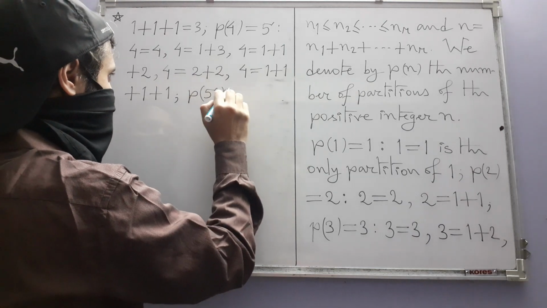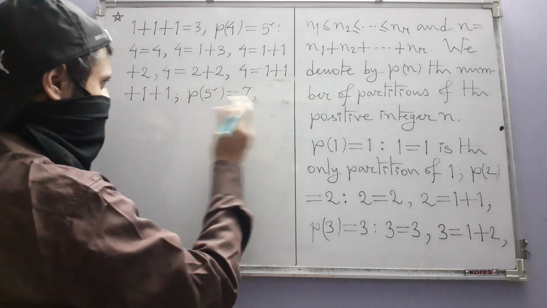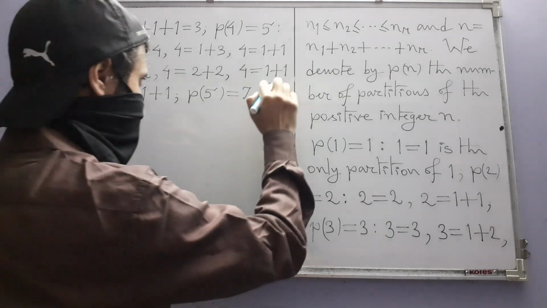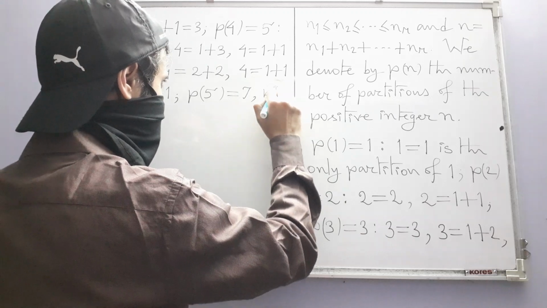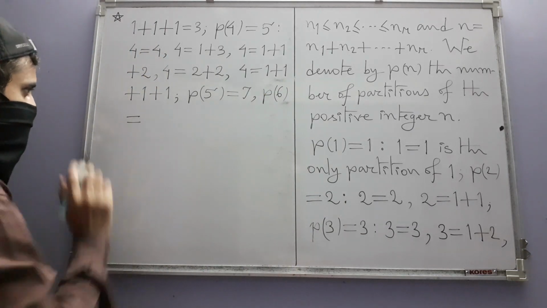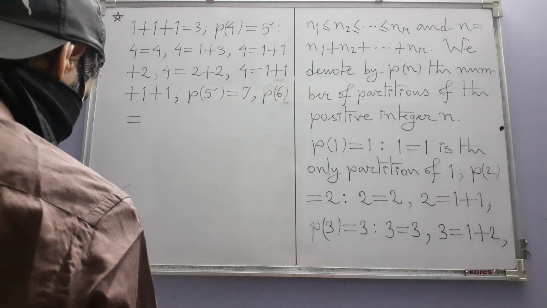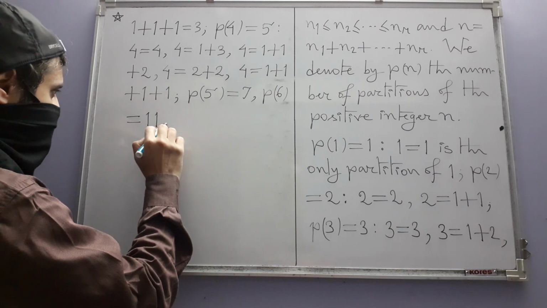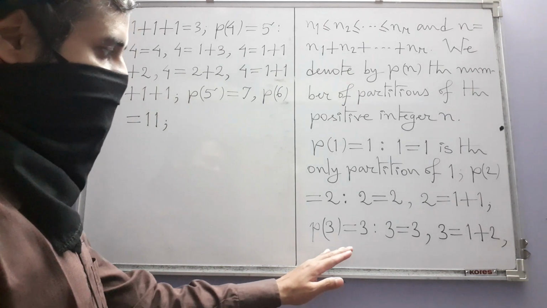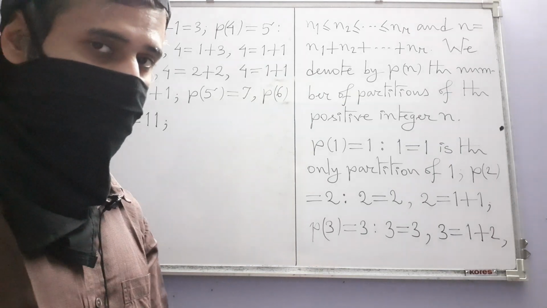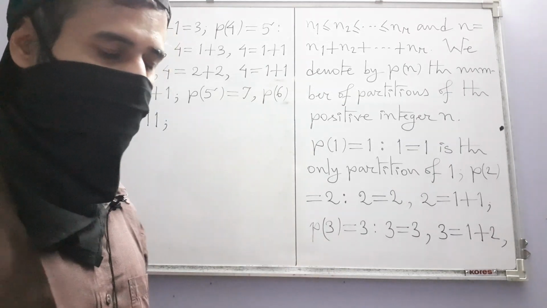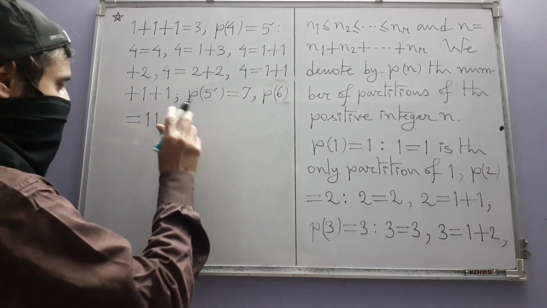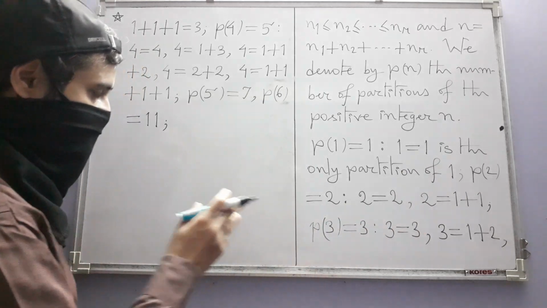P of 5 is 7. So these higher values are just simply mentioned. You can see why it is 7. P of 6 is 11. So the first few values give us the wrong impression that the P values increase slowly as n increases, but the increase is very rapid, and you cannot see that from these first few values.